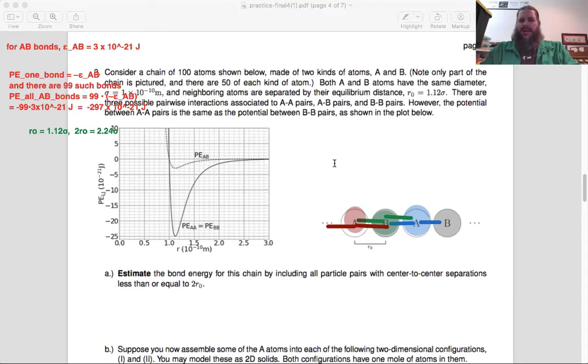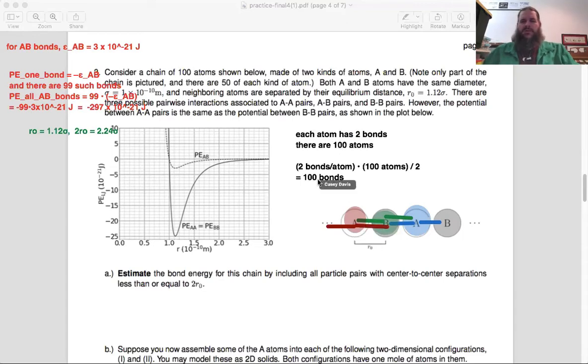So 2 bonds per atom times 100 atoms total, divided by 2 to eliminate this double counting problem, and we get 100 bonds. Is that the actual number of bonds we were talking about earlier? How many AB bonds are there actually? Yeah, in that chain of 100, we had 99 bonds.